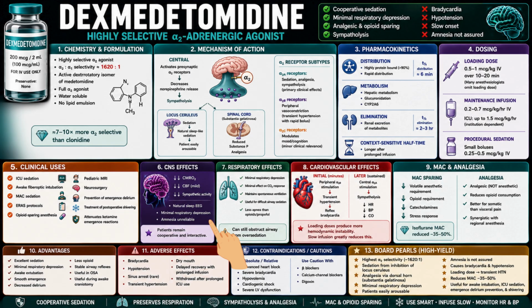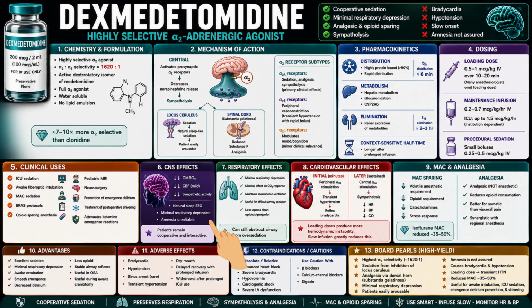CNS effects. Dexmedetomidine decreases cerebral metabolic rate for oxygen, CMRO2, cerebral blood flow mildly, and sympathetic activity significantly. EEG produces a pattern resembling natural sleep, stage 2 NREM sleep, sleep spindles, not anesthetic suppression.